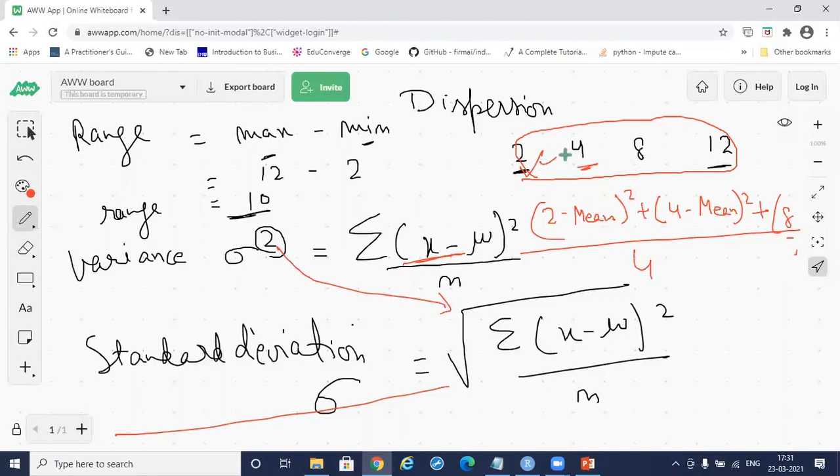Suppose 4 numbers are there, 1, 2, 3, 4, so divide by 4. That gives the variance.